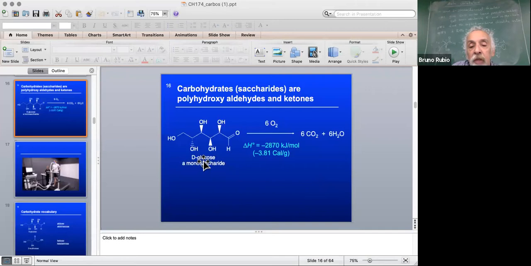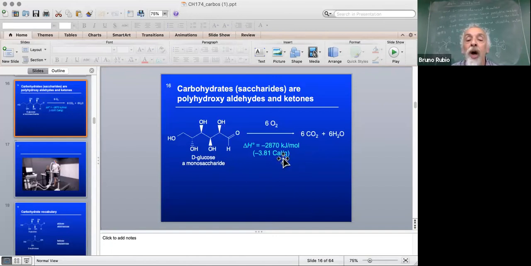Okay, so you take glucose, you combust it enzymatically with oxygen, you get carbon dioxide and water, and in the process you liberate about 3,000 kilojoules per mole. Now, when you're interested in dietetics and nutrition, you probably aren't using kilojoules per mole. You're using dietary calories per gram.